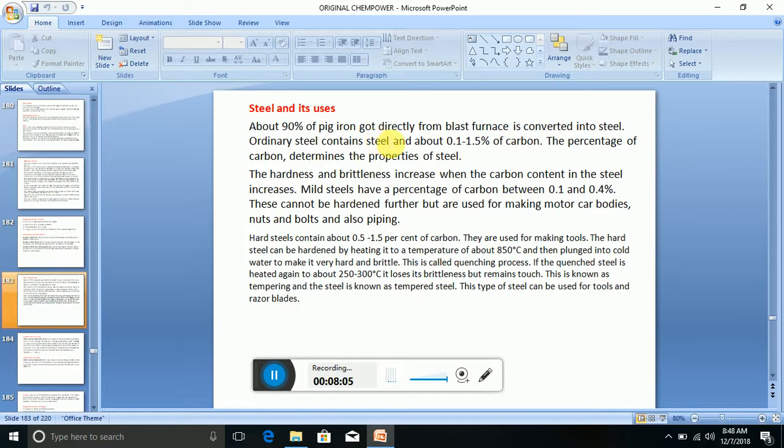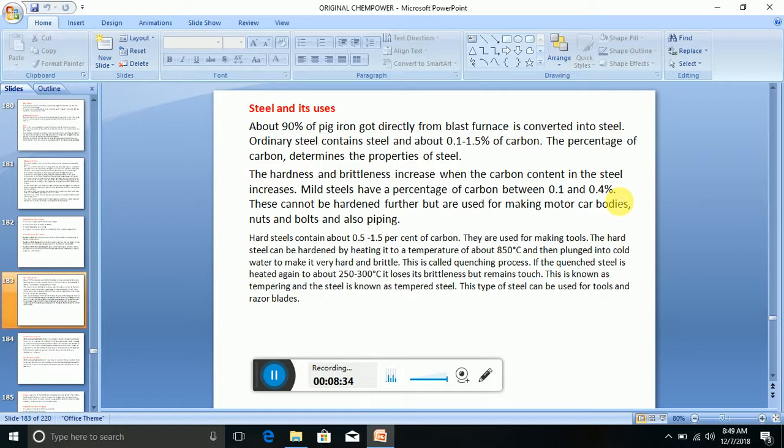Ordinary steel contains iron and about 0.1 to 1.5% of carbon. The percentage of carbon determines the properties of the steel. The hardness and brittleness increase when the carbon content in the steel increases. Mild steel have a percentage of carbon between 0.1 and 0.4%.